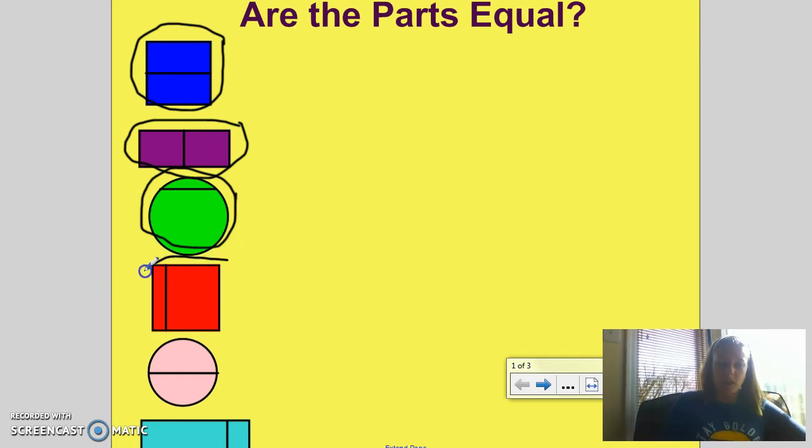Look at the square. Is that shape divided in equal parts? Remember, equal means they are the same on both sides. So look at that red square. Is it divided in half and showing equal parts? Yes or no? We're on number 5.